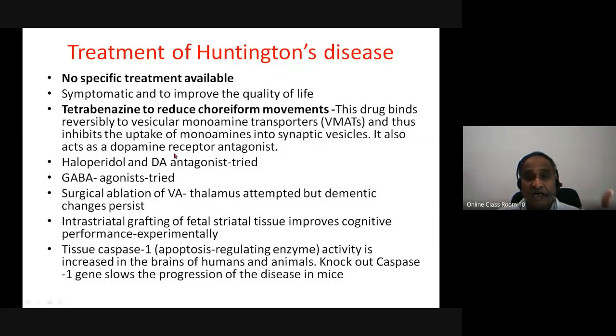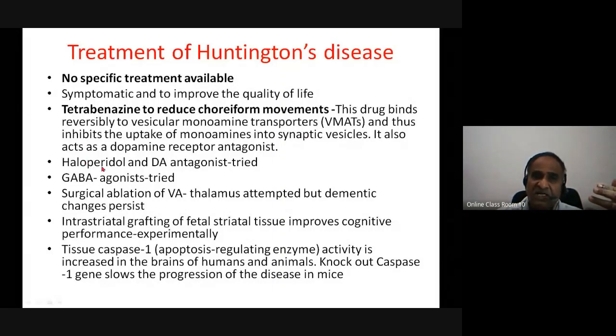It also acts as a dopamine receptor antagonist. These are the actions of tetrabenazine, but it is not very effective in curbing Huntington disease.